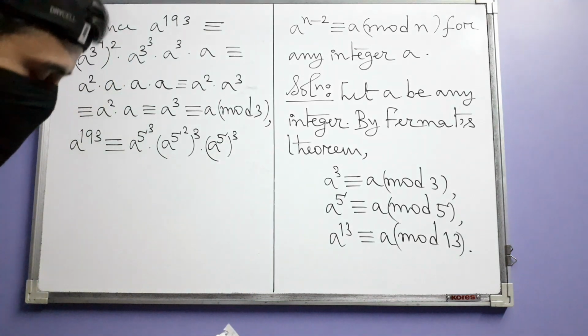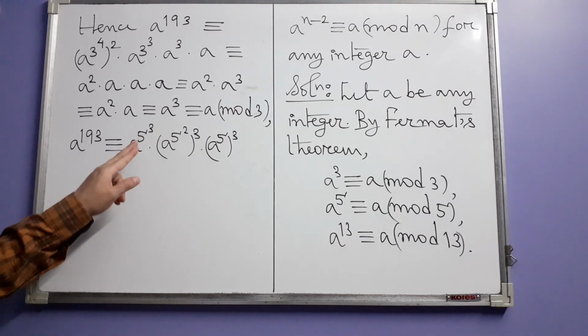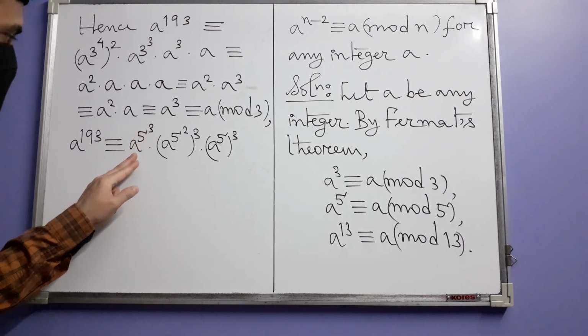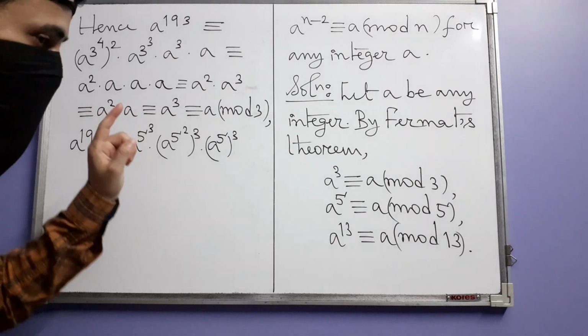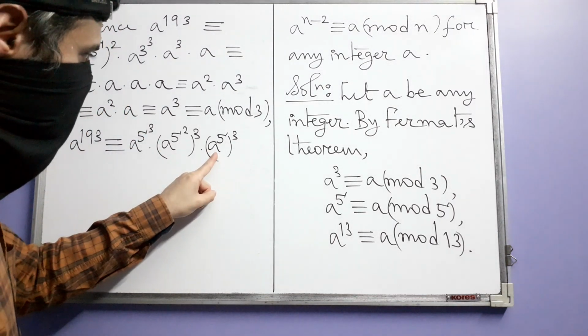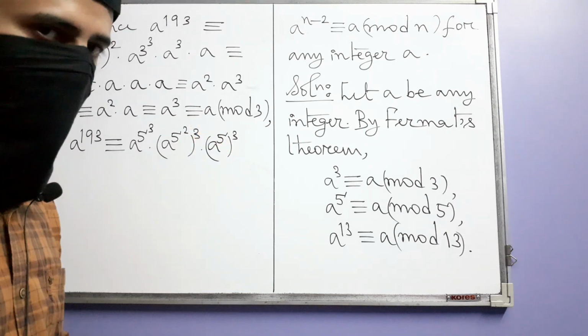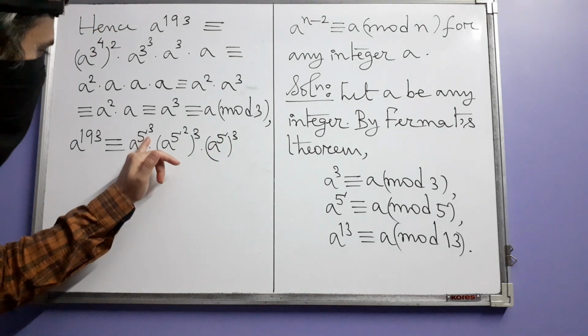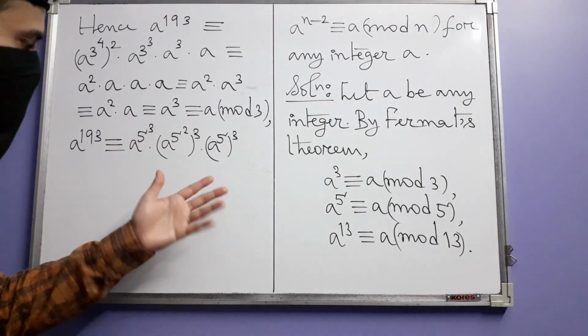You have to be very careful with these things, okay? This is that power of a where the exponent itself is 125. However, this is the cube of a to the power 5. So really it is a to the power 15, whereas this one is a to the power 125. These are two different things.